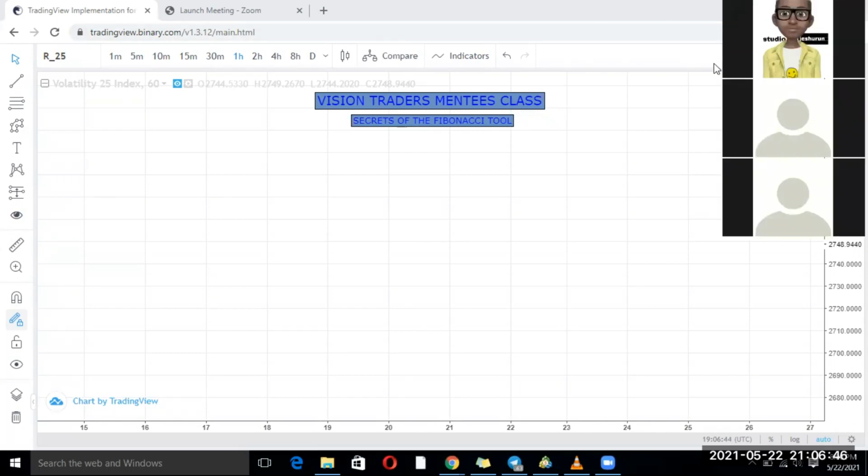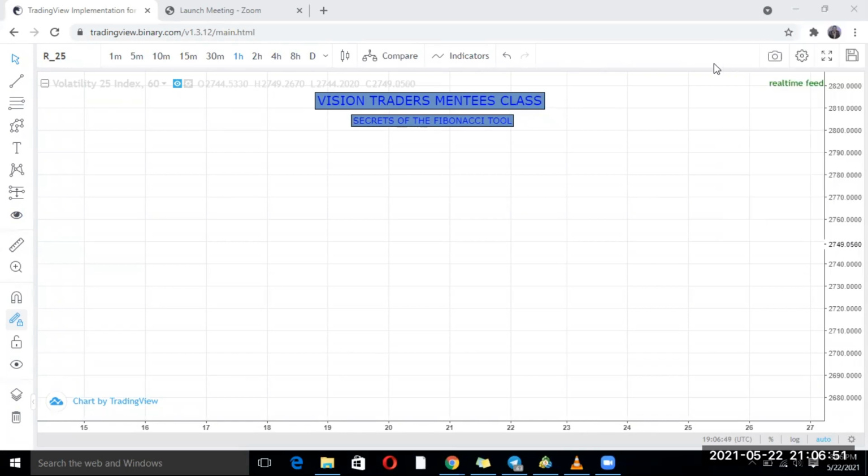But there are some basic secrets behind trading the Fibonacci tool. I'll be sharing some of those secrets, and we'll go to our charts and see for ourselves how to trade the Fibonacci tool in the right manner.